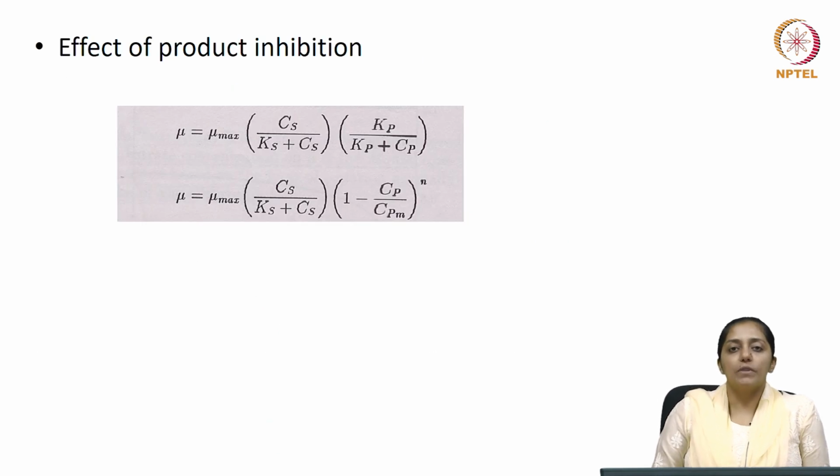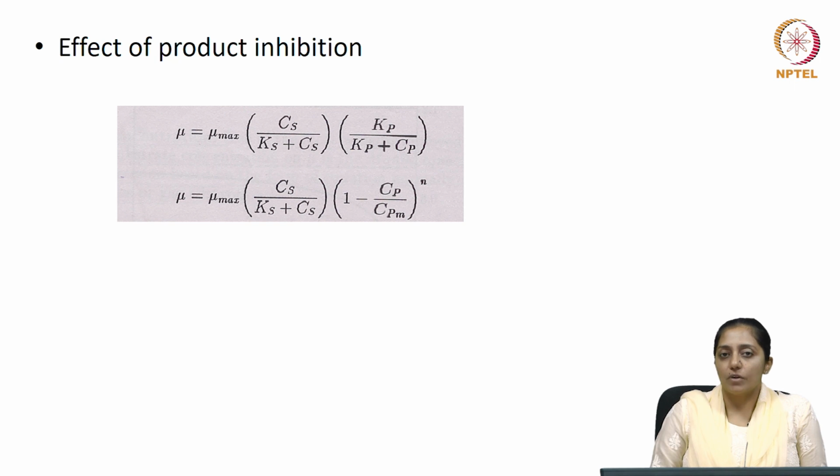Now, we were talking about substrate inhibition. Similarly, suppose we are observing that there is product inhibition in our system, then how to take into account the effect of that product inhibition on the net specific growth rate? There are models present in literature like the ones shown on the slide.